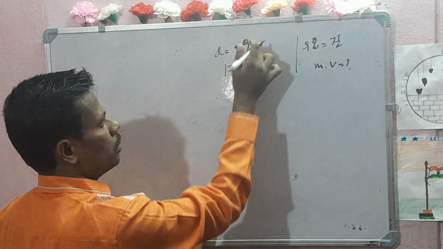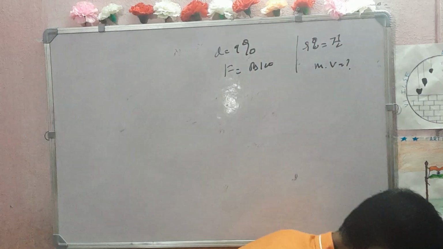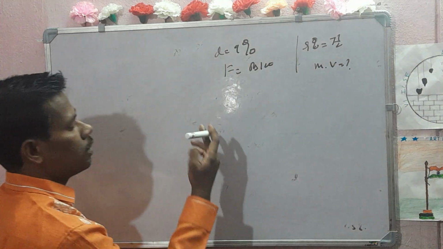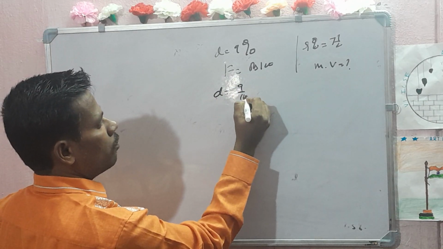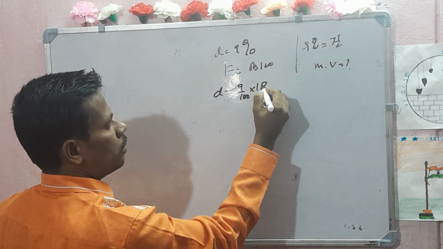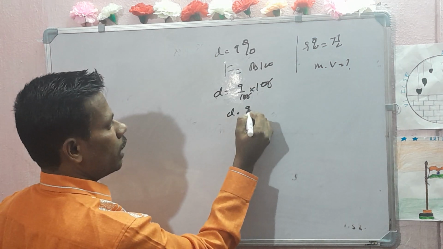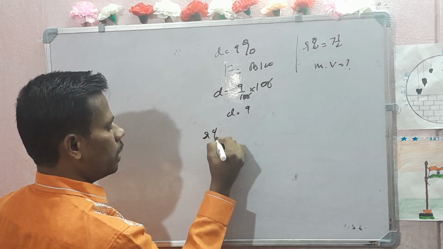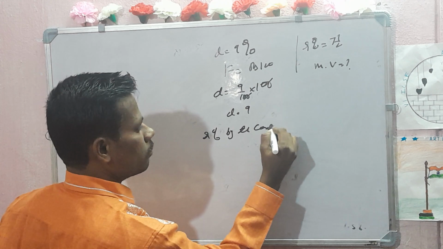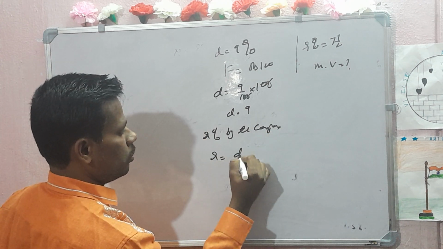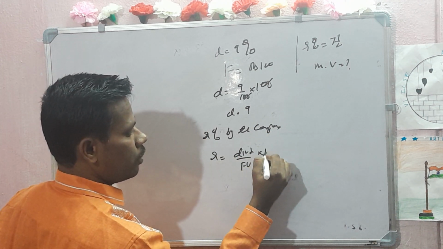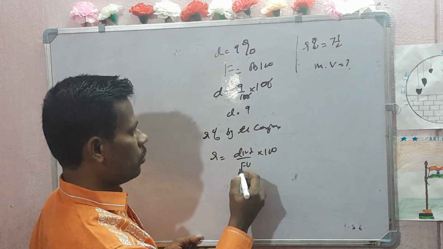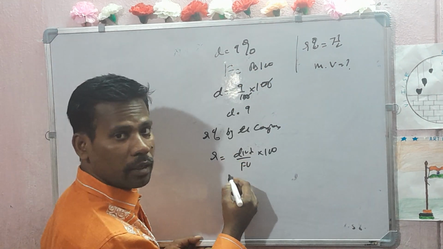From this, calculate the dividend. Dividend is equal to 9 by 100 into 100. Dividend is 9. So here rate percentage by the company, what's the formula? Rate is equal to dividend by face value into 100.